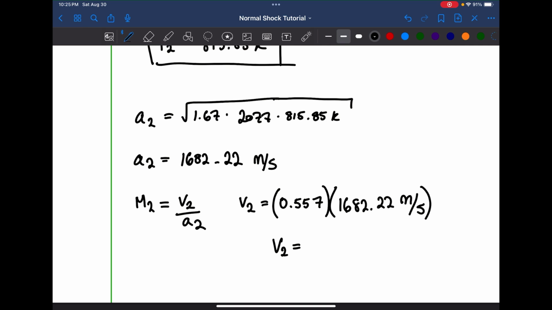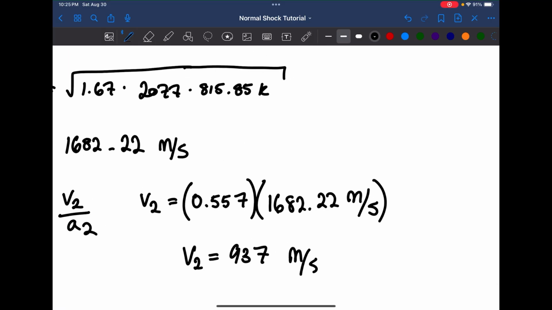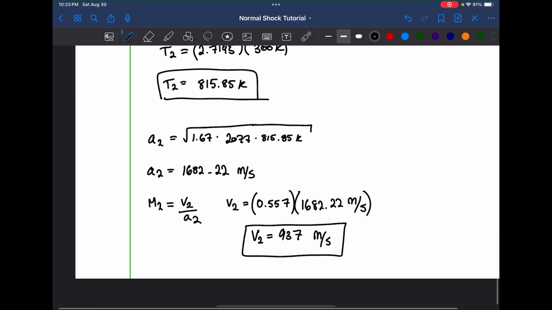So we got a V2 of 936.99. We'll call that 937. We're engineers here. We'll call that 937 meters per second. Okay, so there's V2 nailed down.